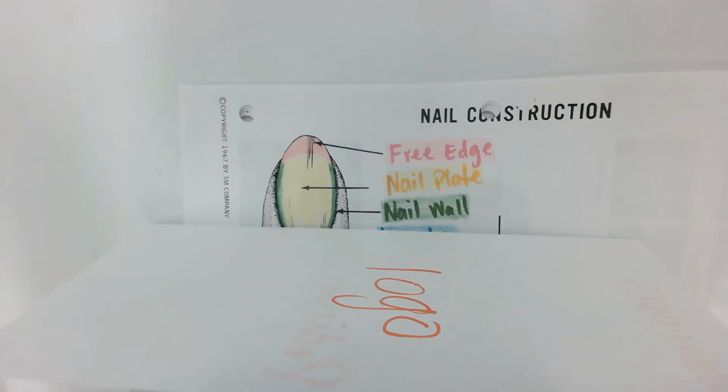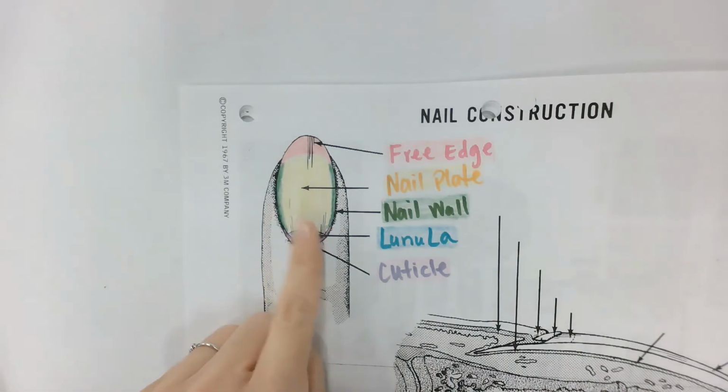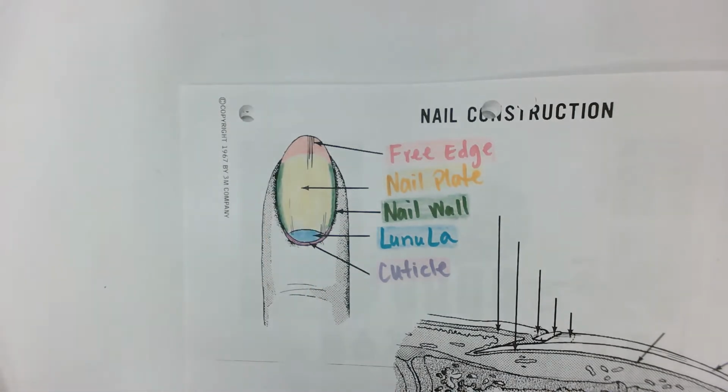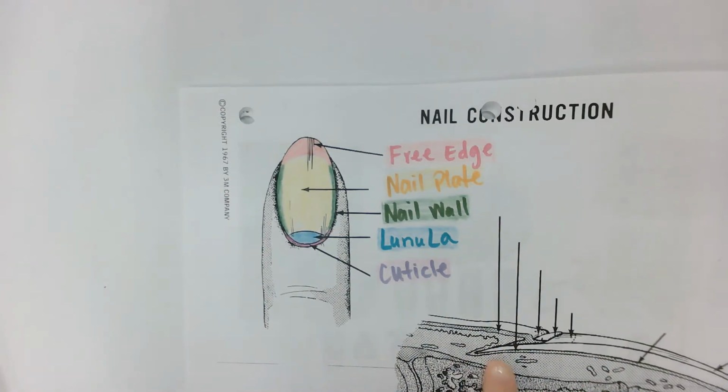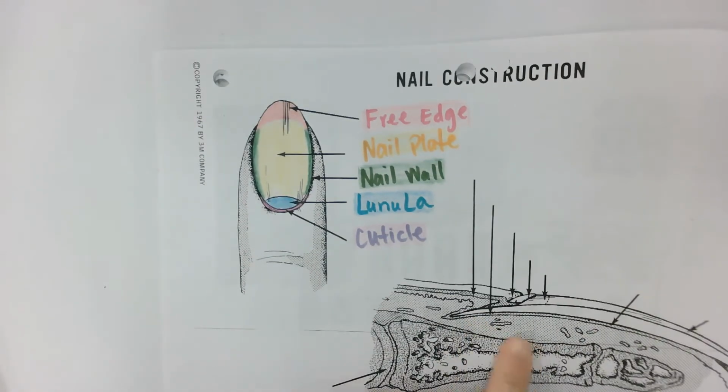Have you ever gotten your nails done and they hurt afterwards? And you're like, oh, my fingers hurt. Not supposed to hurt. Okay? Your nail plate is there to protect your fingertip. If you get rid of the nail plate, there's no protection, so then, yeah, definitely it's going to hurt. Also, you thin out the nail, so when you push down on it, you're getting closer to what's underneath the nail plate.